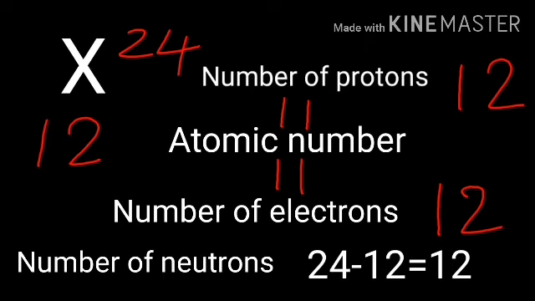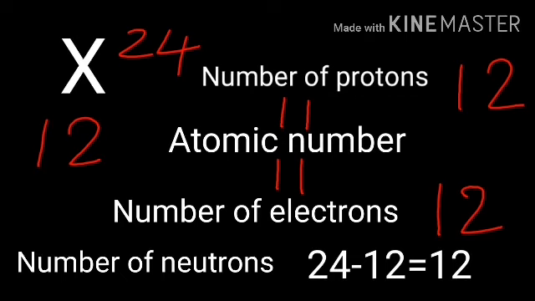Number of protons is equal to number of electrons, which is equal to the atomic number, here 12. So number of protons is 12, number of electrons is 12, and number of neutrons is mass number minus atomic number, 24 minus 12, equal to 12.